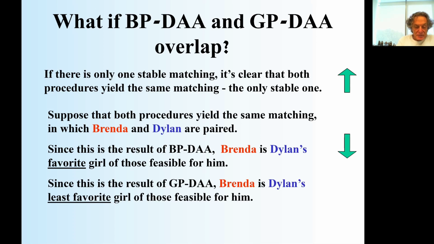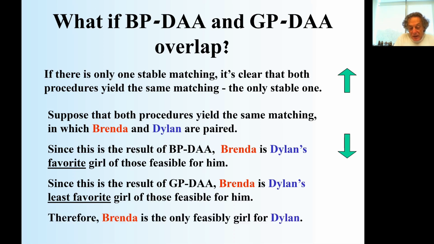At the same time, since this is also the result of the girl proposing, Brenda is Dylan's least favorite girl of those feasible for him, namely from all possible stable matches.